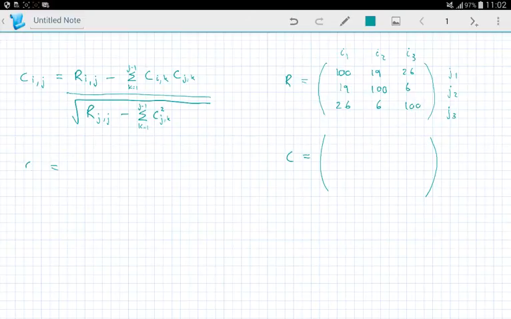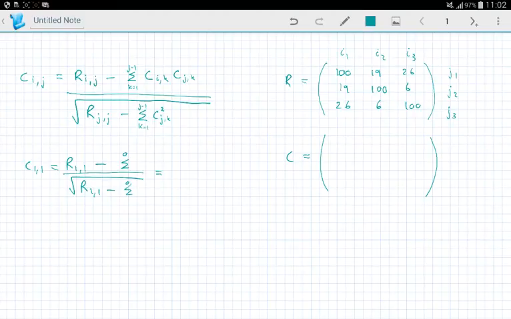So let's say C11. C11 is going to be equal to R11 minus sigma 0, which we just know is 0, the square root of R11 minus, again, sigma 0.